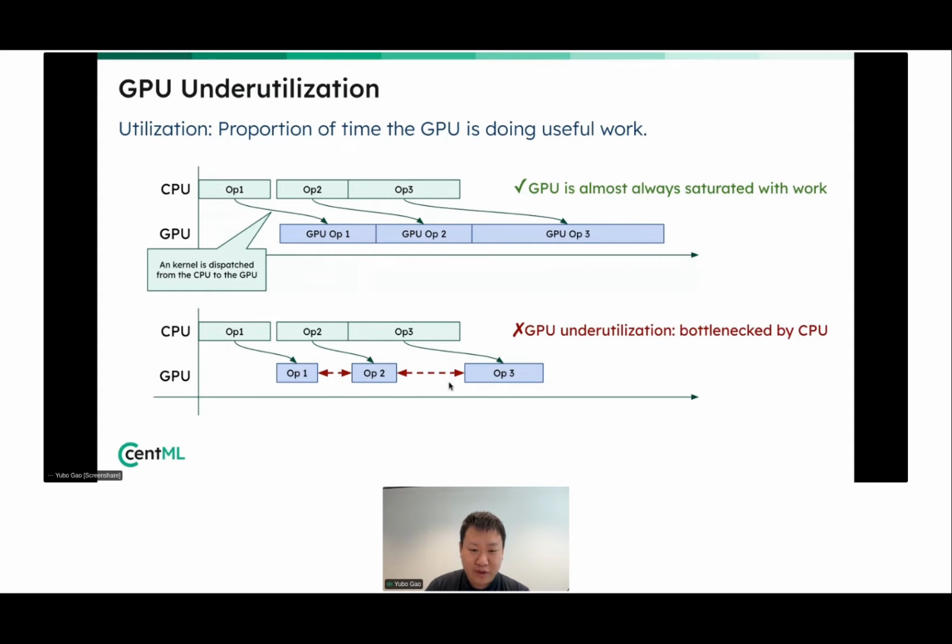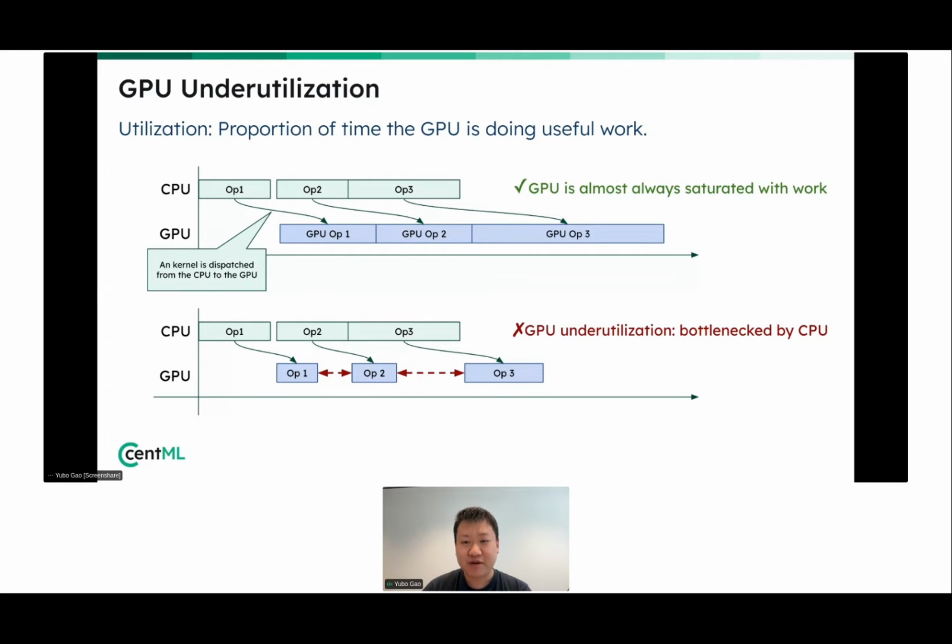The red sections that you see here are the time the GPU spends not doing useful work. Here you're paying for it, but not getting your money's worth. So essentially the process of optimization is that we want to move more towards the first case, where you use your hardware as fully as you can.